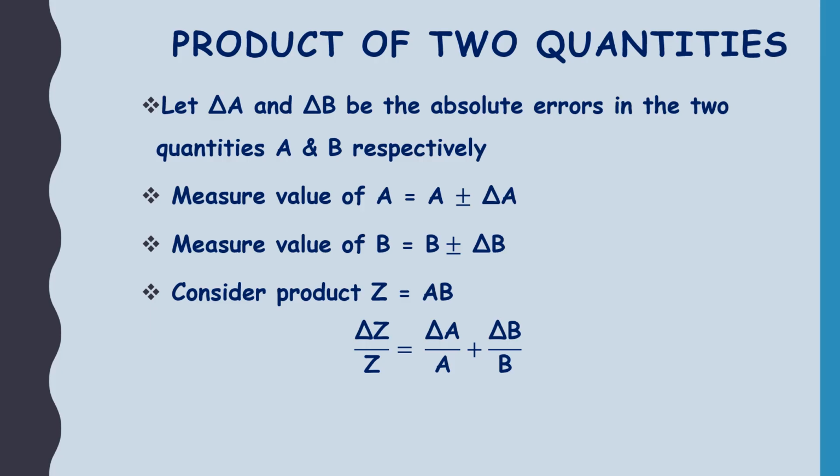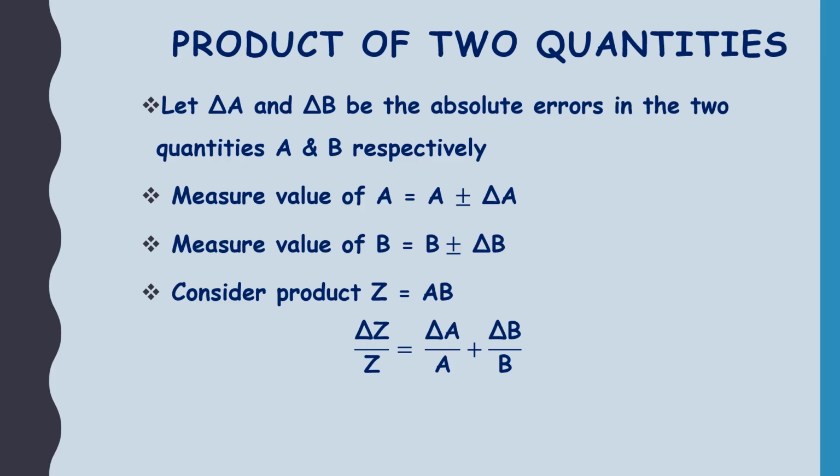The measured value of A is equal to A plus minus delta A. Measured value of B is equal to B plus minus delta B. And consider the product Z is equal to A multiplied by B. By putting the values of Z, A and B in the equation and dividing the left hand side of the equation by Z and the right hand side by AB, we have the result delta Z divided by Z is equal to delta A divided by A plus delta B divided by B. The product of two similar small quantities, for example delta A multiplied by delta B, is very small and can be neglected.